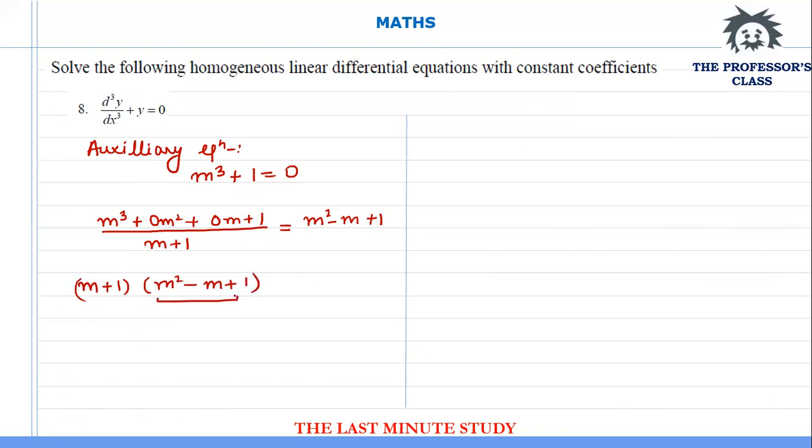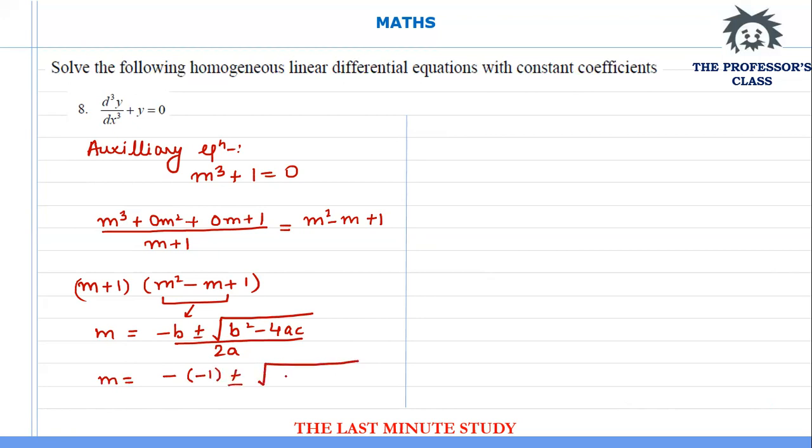Now, since it is quite impossible to find out the middle term of this equation, I'll be using the solution of quadratic equation given by minus b plus or minus under root b square minus 4ac over 2a. Let's substitute the values over here. So minus of minus 1 plus or minus under root of minus 1 square minus 4 times 1 times 1 divided by 2 times a.